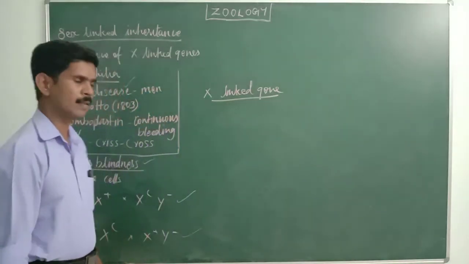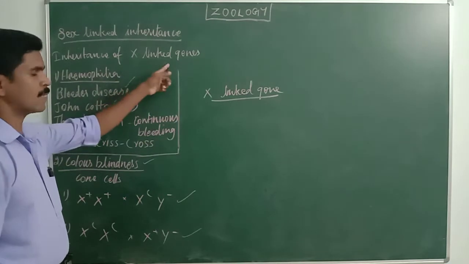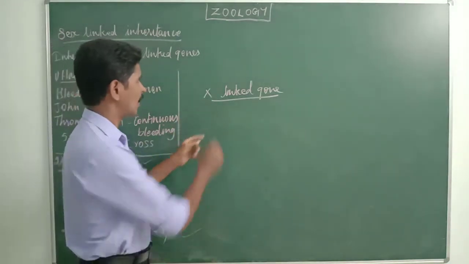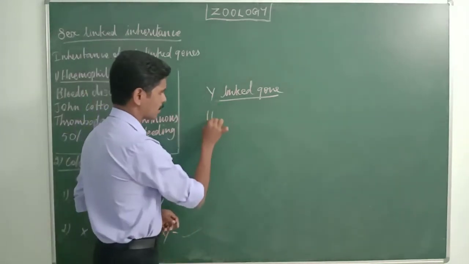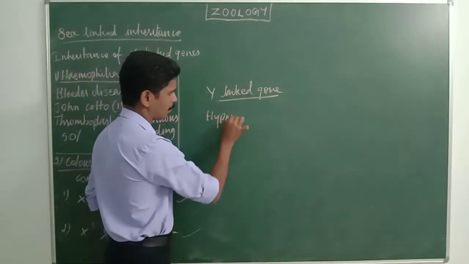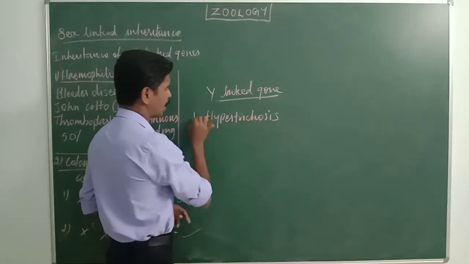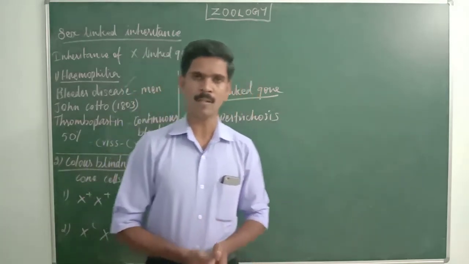Two examples we have studied for X-linked genes. Now we are going to study disorders for the Y-linked genes. Hypertrichosis is the one and only example in your book.